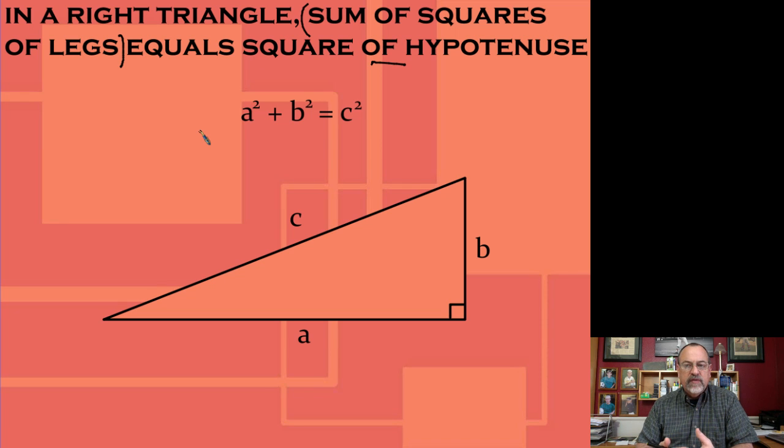It's not the square of the legs. It's not the sum of the legs squared. That's different. The sum of the legs squared means I take the legs, add them together, and then square them. The sum of the squares of the legs means I square the legs first and then add them.